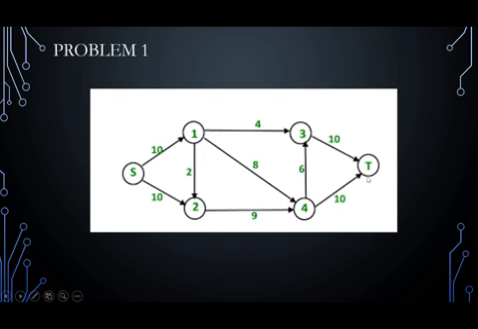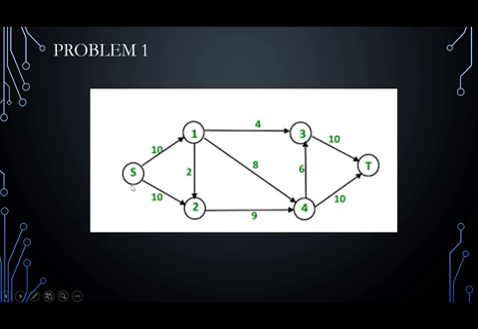Why do I call this a sink node? Because it has only incoming arcs and no outgoing arcs. Now the problem that I have in front of me is I have infinite capacity at the source and infinite capacity at the sink.